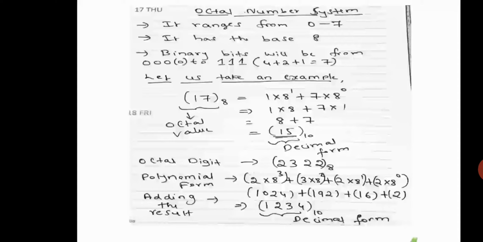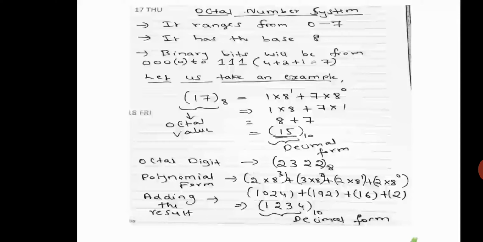Recall the very same example of your decimal number system: it started from 10 to the power -1. But in this case, it is not 10 to the power -1. Here you start from 8 to the power -1, because it is an octal number system. So you have to change the base number. That's it, and the rest of the steps are the same.